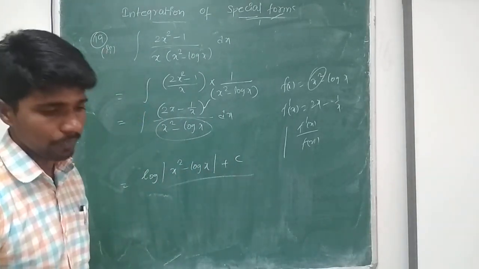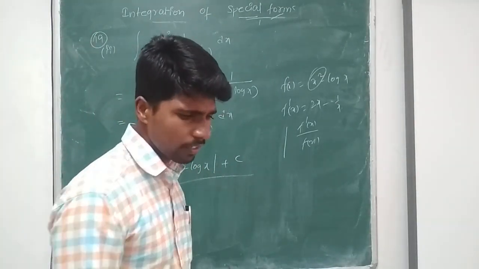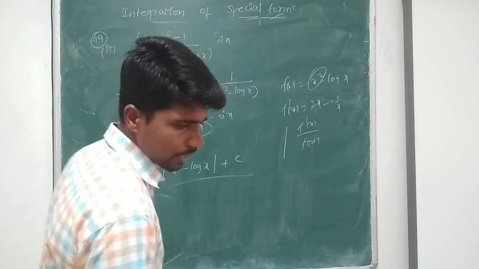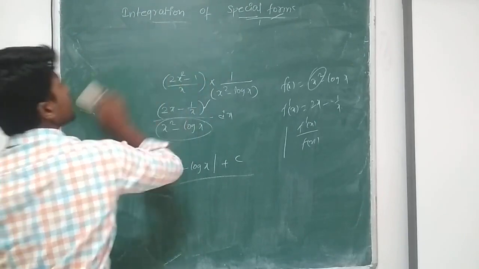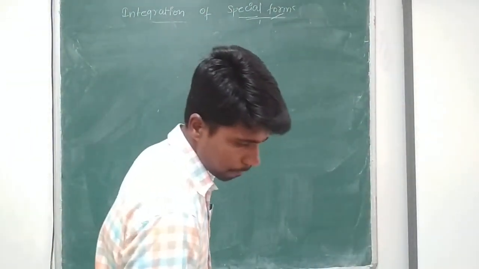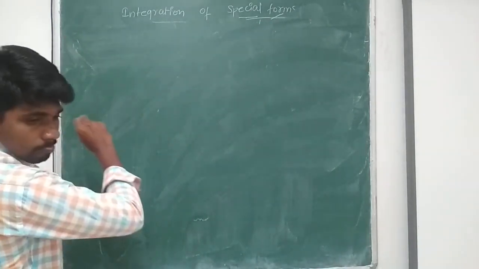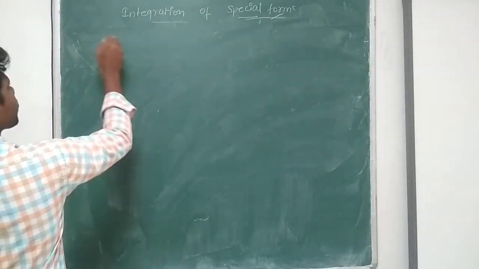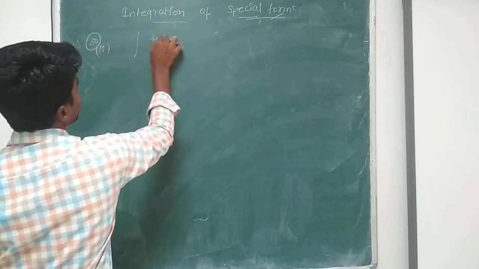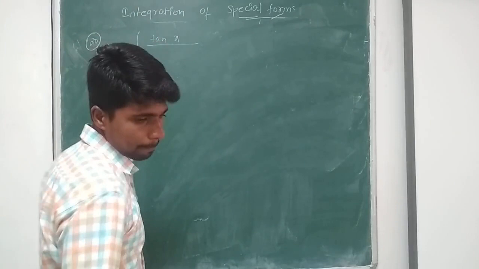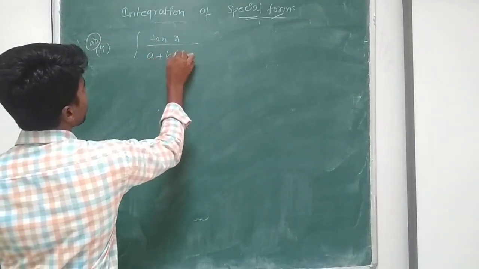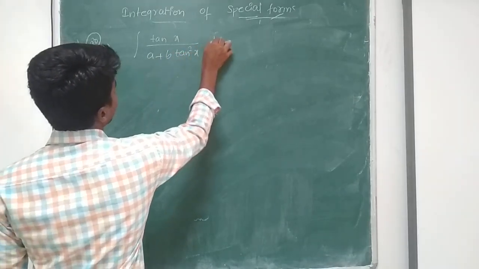plus a constant c. Okay, after that, integral of tan x by (a plus b tan square x) dx.